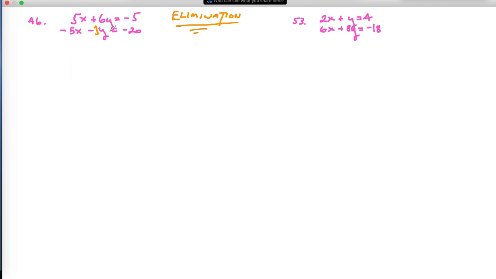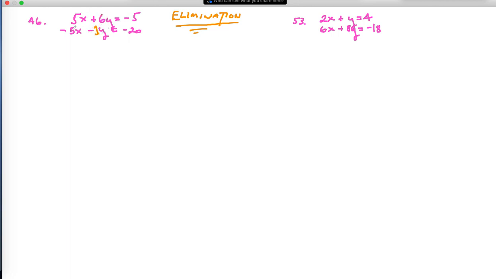So in this first one, let's look. 6. Is that the same thing as -1 but opposite sign? No, they're not the same, right? The opposite of 6 would be -6. Or what we would be looking for is this to be a -6, or this to be a +1. So the y's aren't going to cancel here.